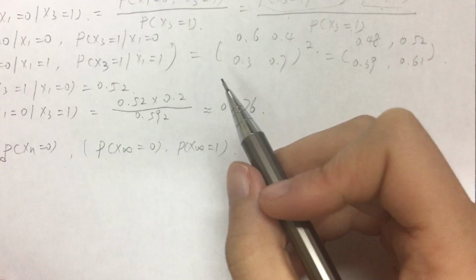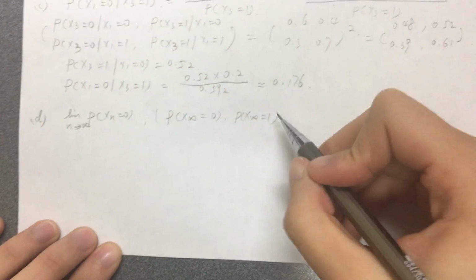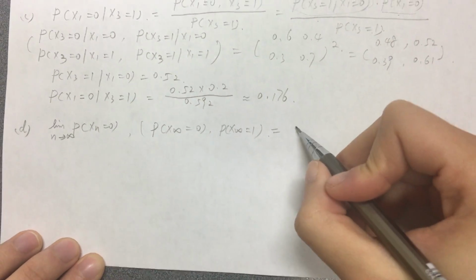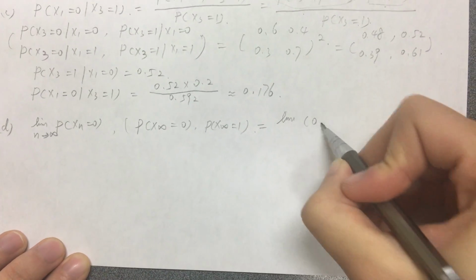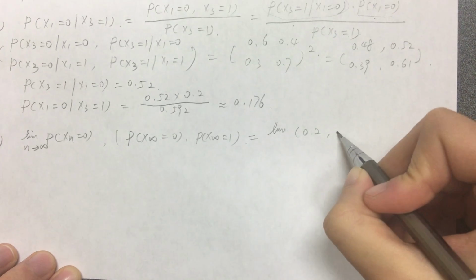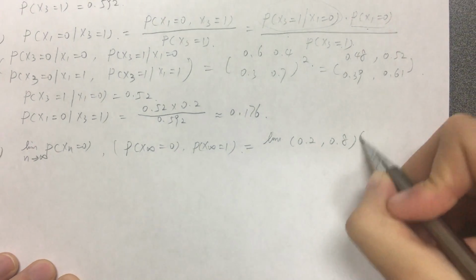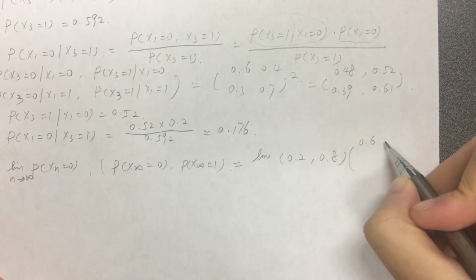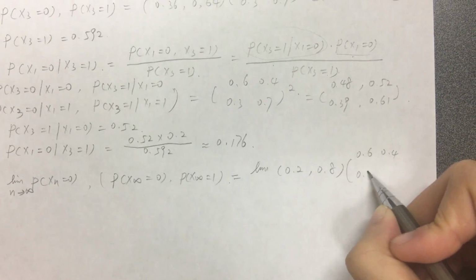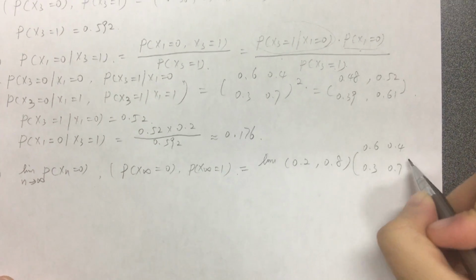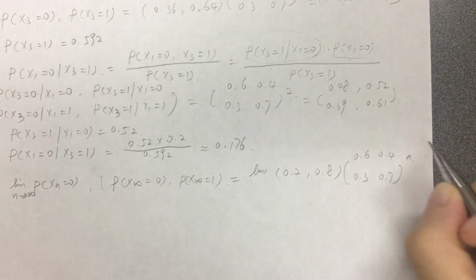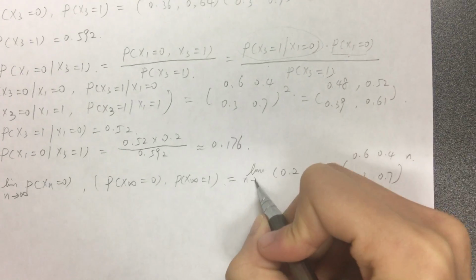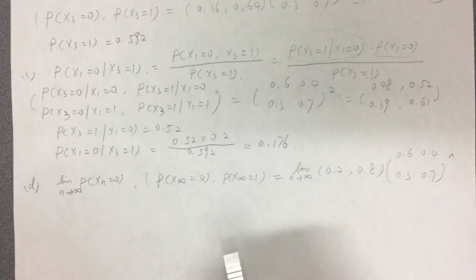So we can get this equal to the limit of [0.8, 0.2] times the matrix [0.6, 0.4; 0.3, 0.7] to the power n, when n is infinite.